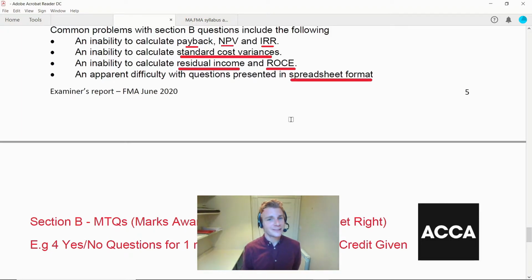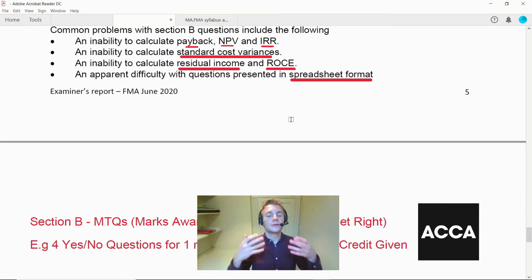Standard costing variances, what we actually had versus what we predicted on there, residual income and return on capital employed. If your figures look ridiculously out of place, you have made a mistake on here. There was also an apparent difficulty with questions presented in spreadsheet format, or in other words, reading between the lines, not enough past paper exam question practice.